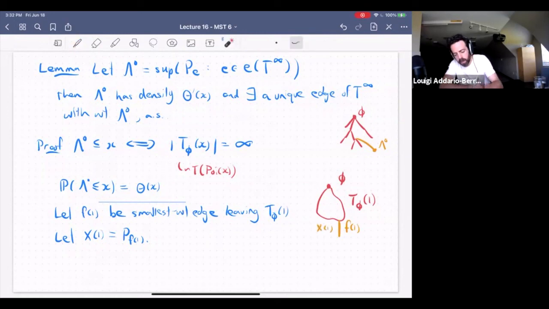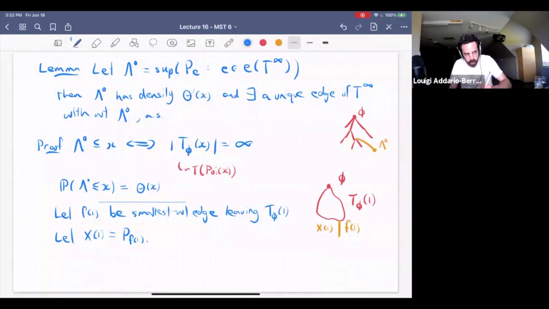Now I want to proceed inductively. My first threshold was 1, but now I'm going to increase my threshold for exploration and explore everything connected to here whose weight is at most x1. That'll get me some more tree.